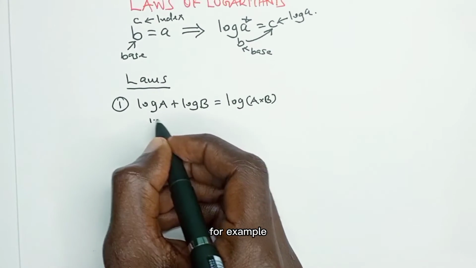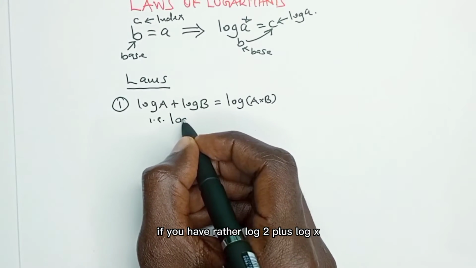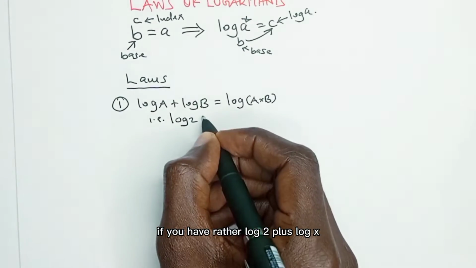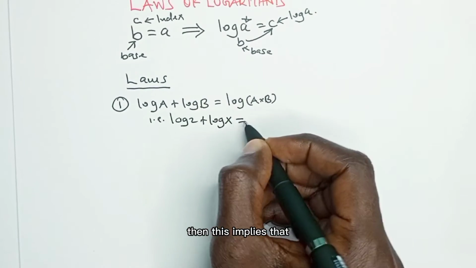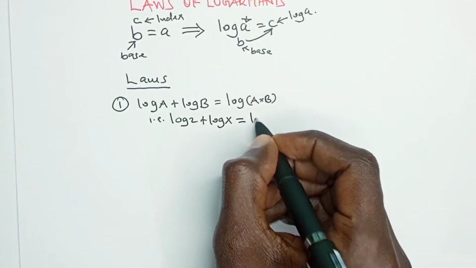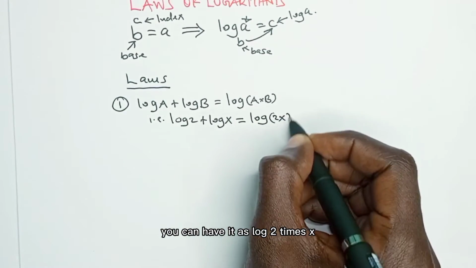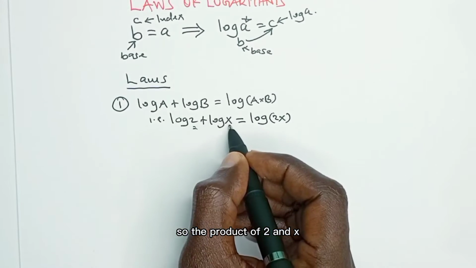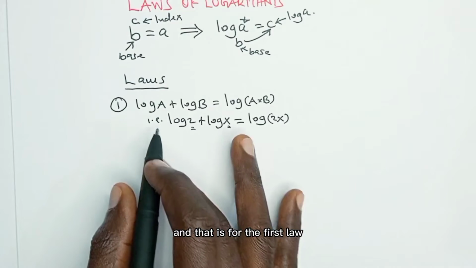For example, if you have log 2 plus log x, then this implies that you can have it as log 2 times x, so the product of 2 and x. And that is for the first law.